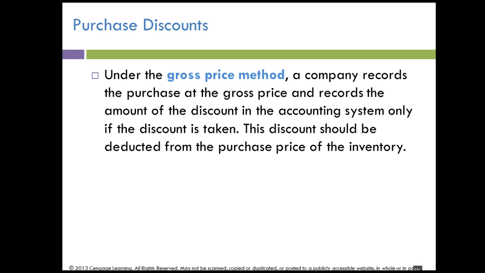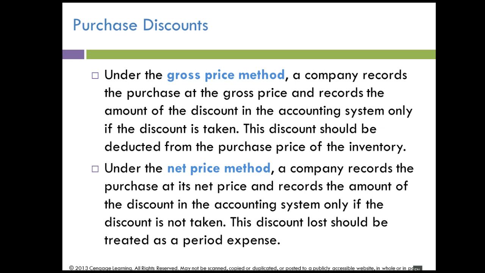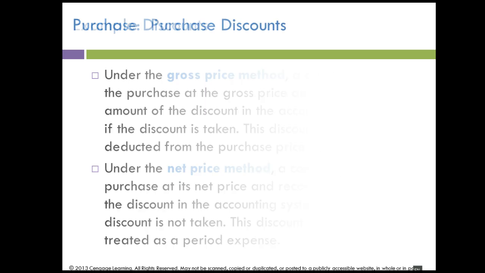This discount should be deducted from the purchase price of the inventory. So the gross price method is showing the full price, and then if the price is reduced because they take the discount, then at that time they show that method. We're not going to talk about the net price method.